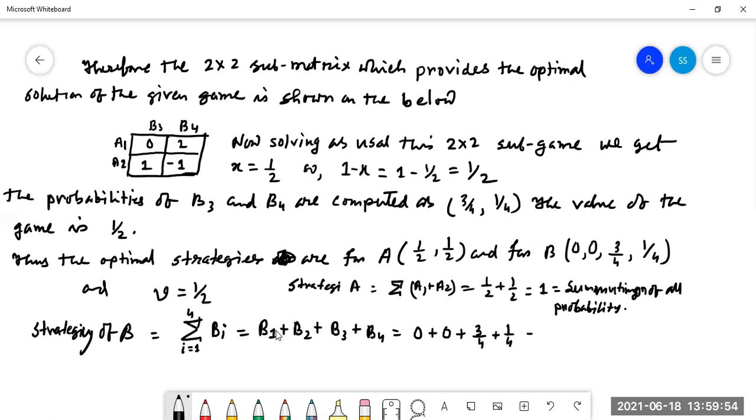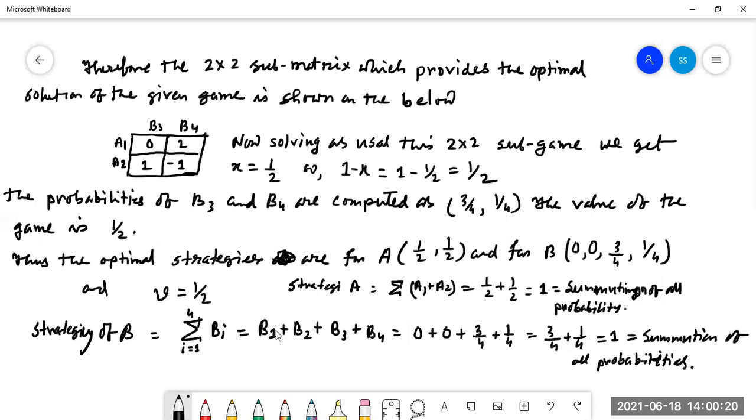Then it is 3 by 4 plus 1 by 4, that means 1. That is also the summation of all probabilities. So thus the game is optimal, what we have found here.